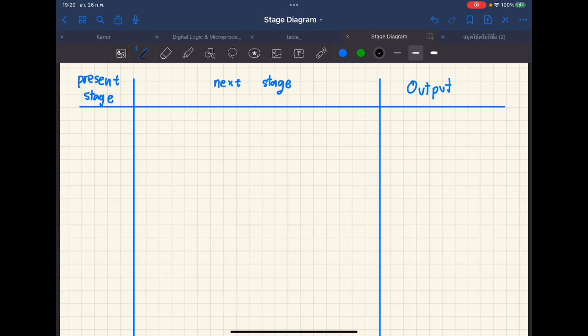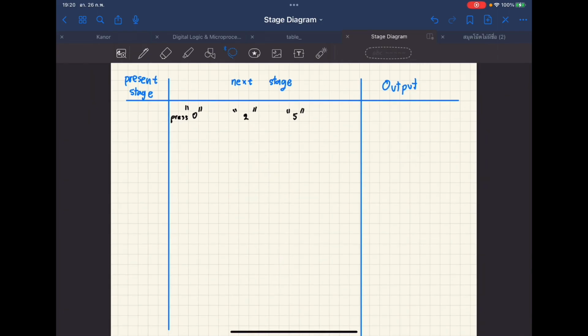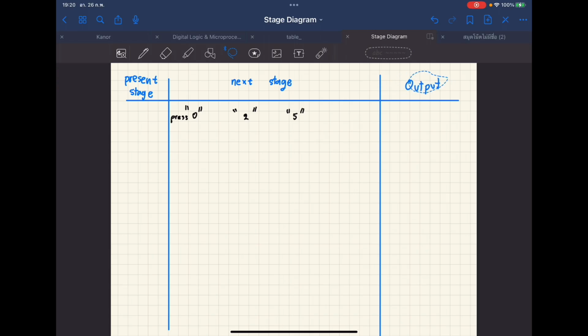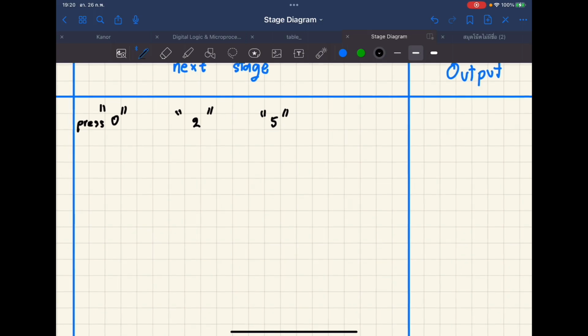The next state would have, if we press 0, 0 to 5, and if we press the wrong switch.